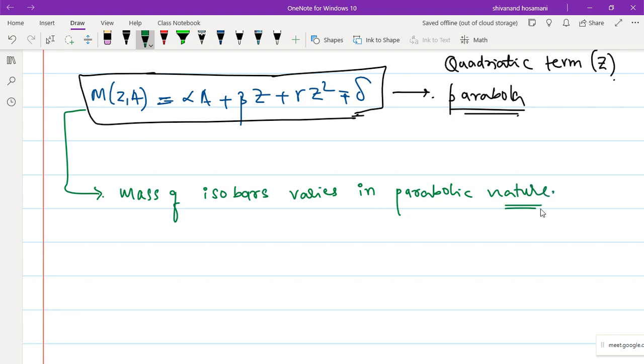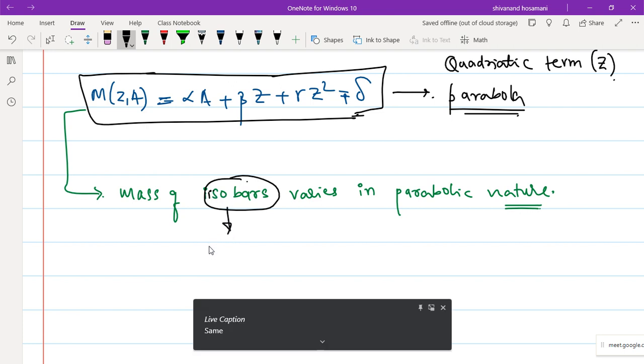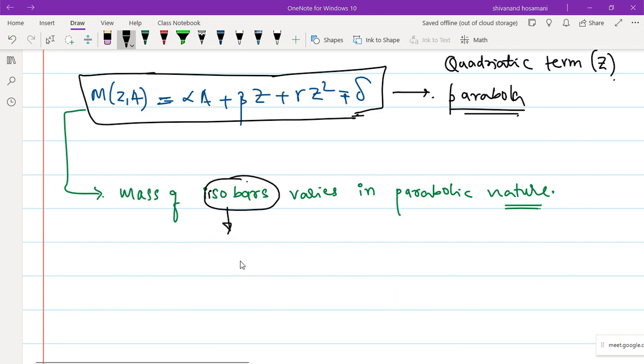So what do you mean by isobars? Isobars means the same A, different Z. Now check once. Is it the same A?